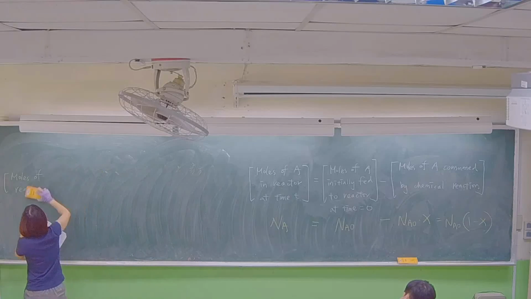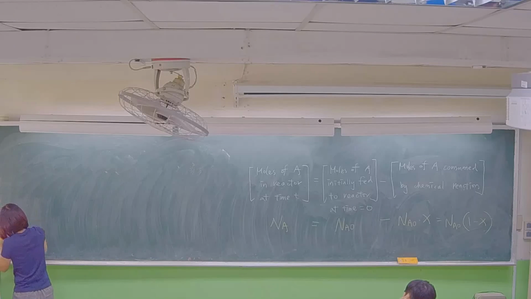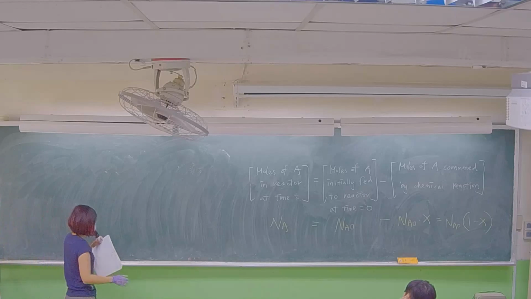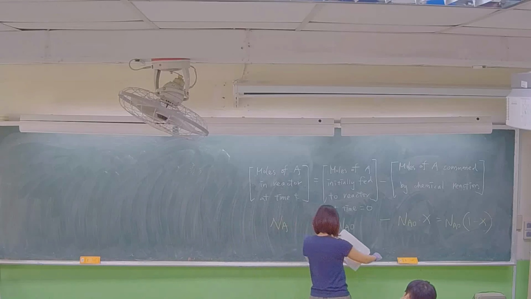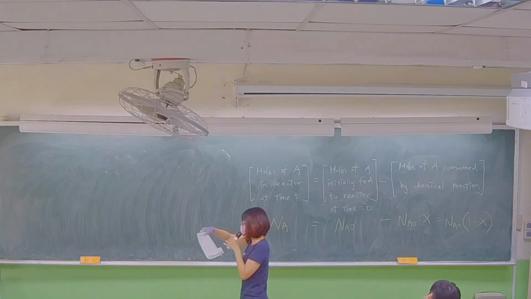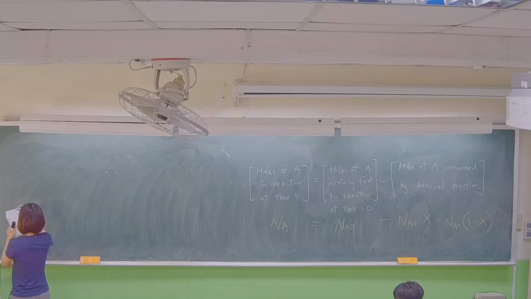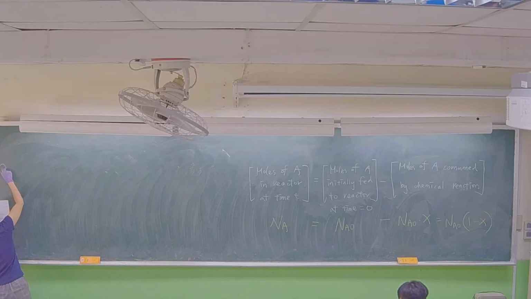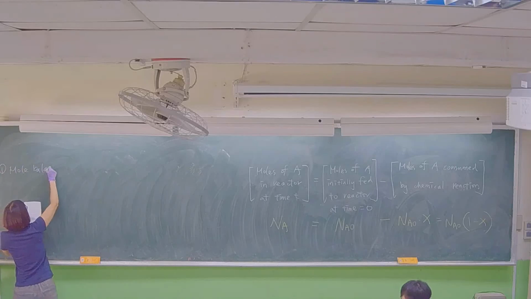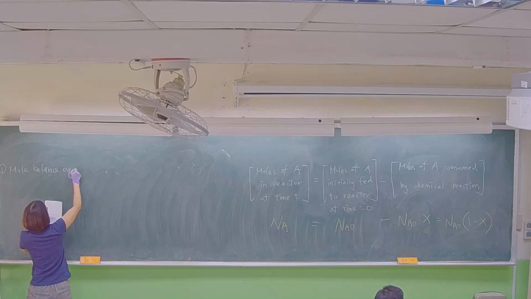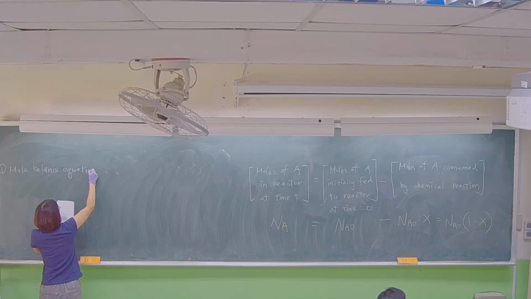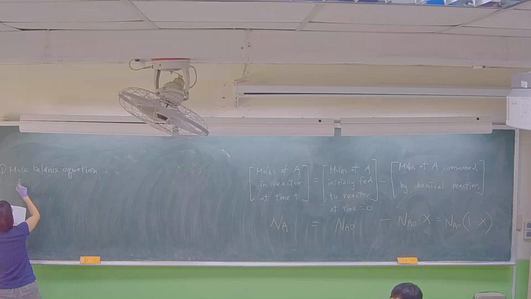So before class dismiss, I want to show you how to put a conversion in the equation. So it's slide 7. Okay, slide 7. First, please put a mole balance equation for batch reactor.